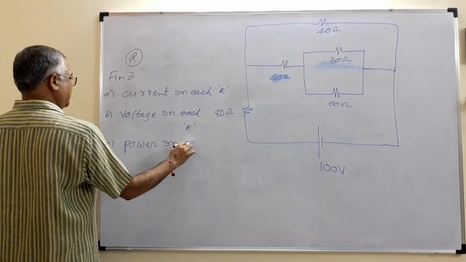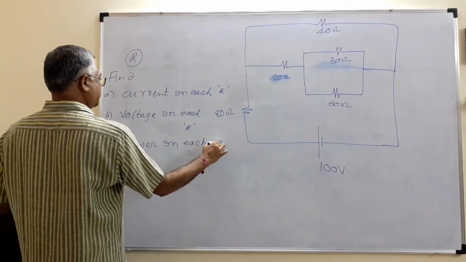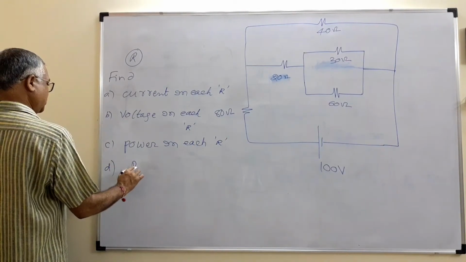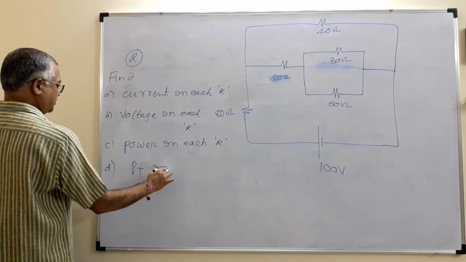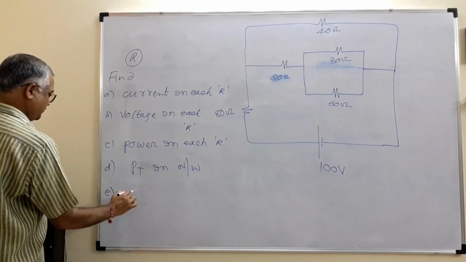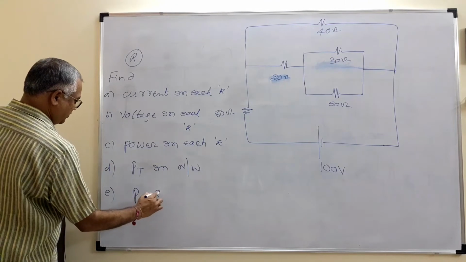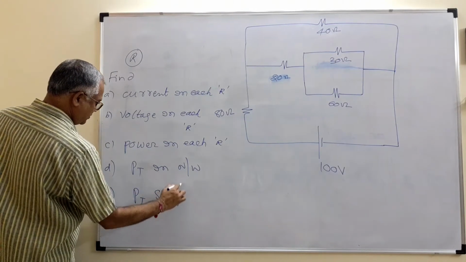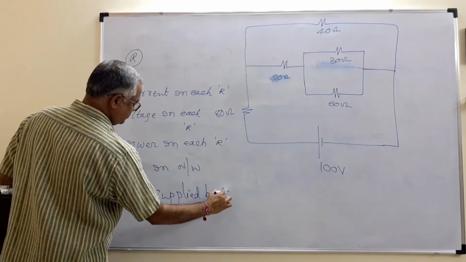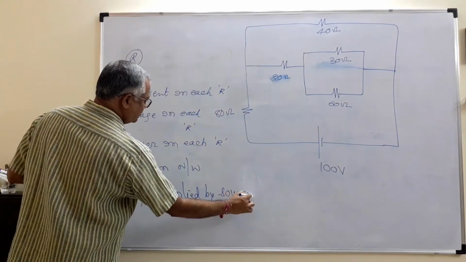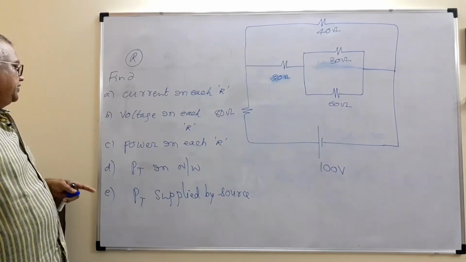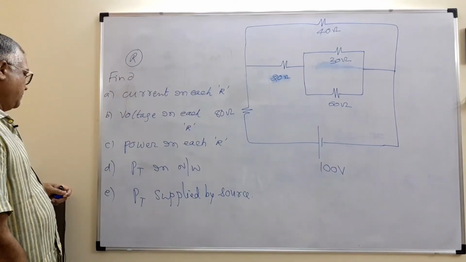Power in each resistor. Total power in the network. Total power supplied by the source. So these are the possible questions we can answer on this problem.